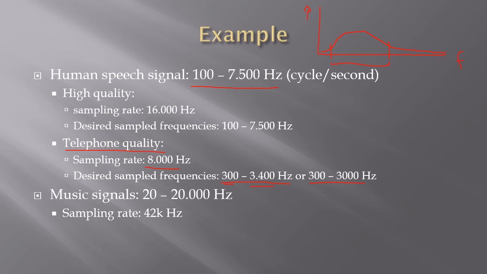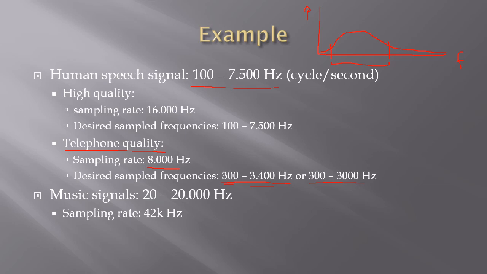Now remember that 3400 multiplied by 2 is 6800, and 4000 Hz is above 6500. So basically all the signals from 300 to 3400 are sampled with very high quality.